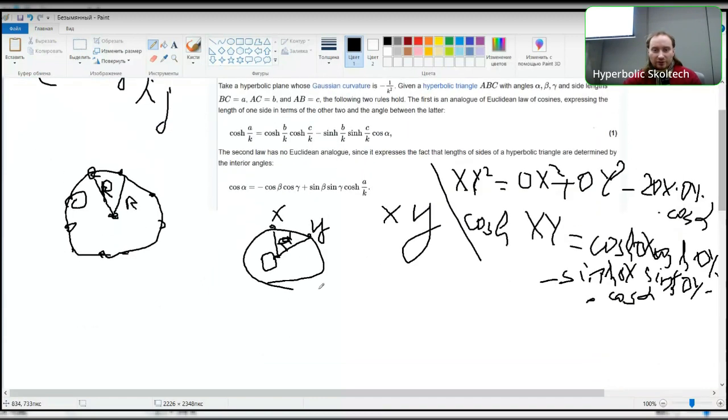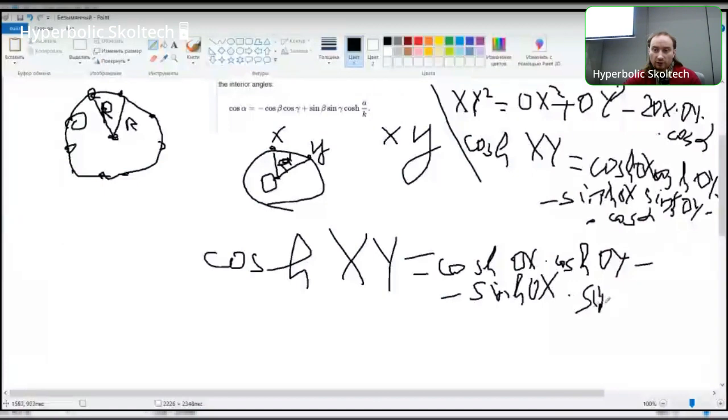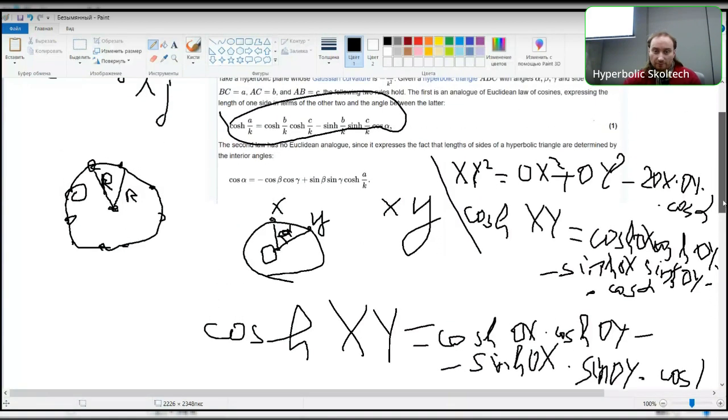Okay. So let me write it more clearly, like this. I'm just repeating this formula for this triangle. OX cosine of OY minus hyperbolic sine of OX, hyperbolic sine of y, and then multiplied by the usual cosine of alpha.